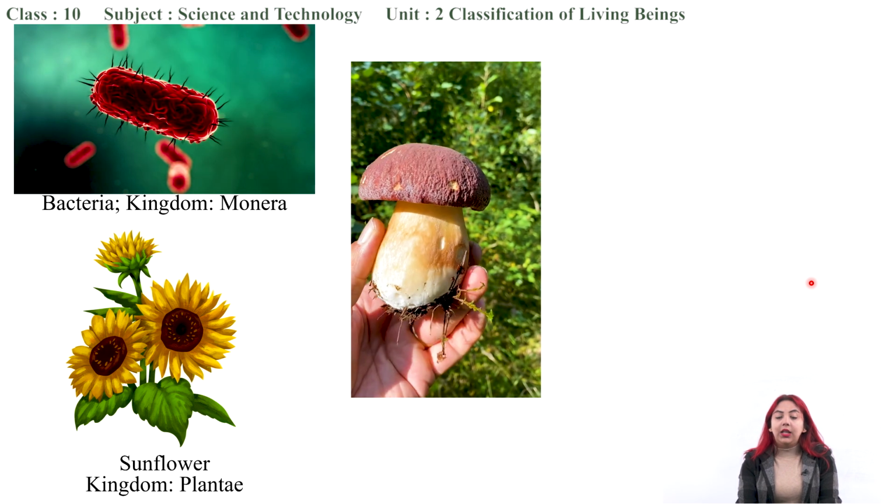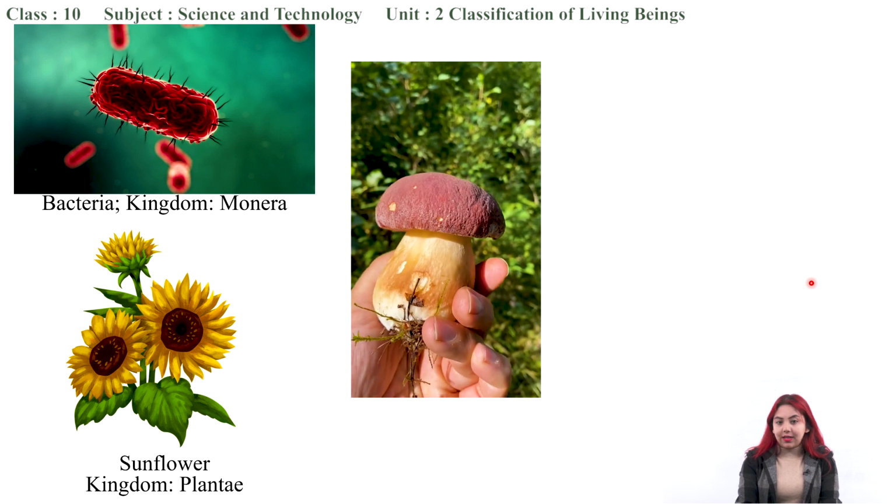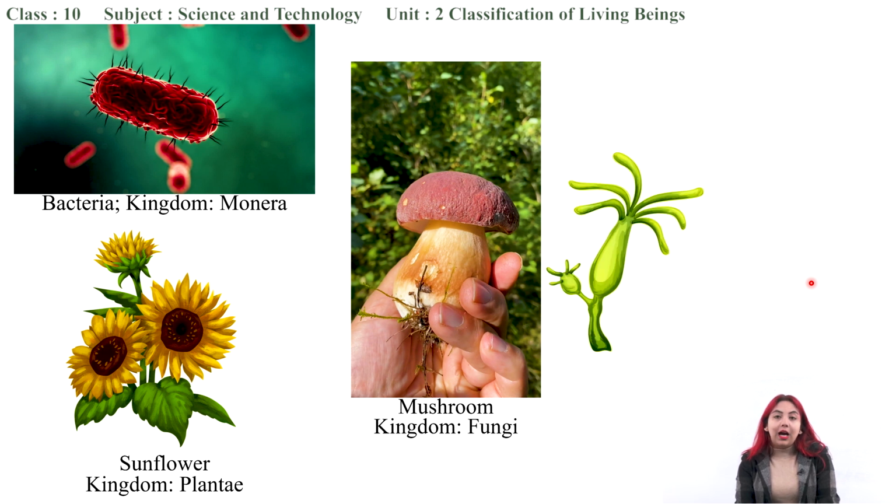Now we have another organism. It's a mushroom. Can you guess which kingdom mushroom lies in? Yes, it lies in kingdom Fungi. Now we have Hydra. Can you guess what kingdom Hydra lies in?